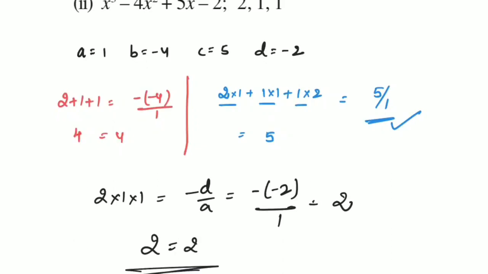Now look at the next bit, second question. Find a cubic polynomial with the sum of products of its zeros taken two at a time and the product of its zeros as 2, minus 7, minus 14 respectively. Now look here.